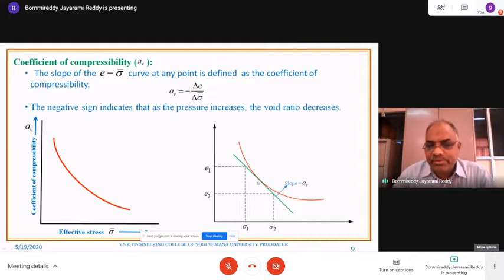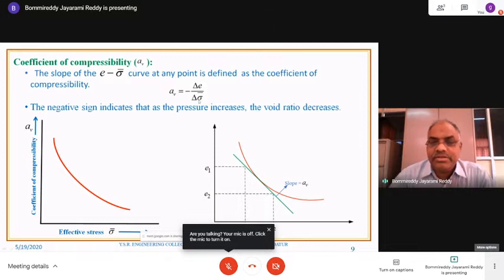So what is the slope here? Slope means vertical ordinate divided by horizontal distance. The vertical ordinate, e1 minus e2, is nothing but delta e. The horizontal distance is sigma 2 minus sigma 1, which is the change of effective stress, delta sigma dash.